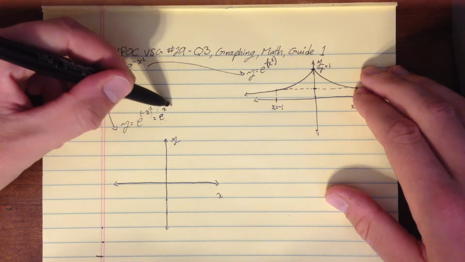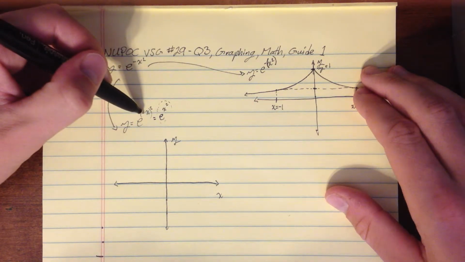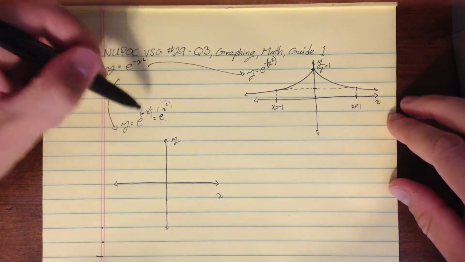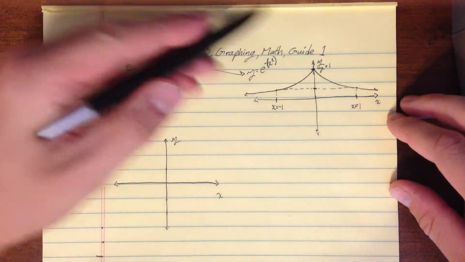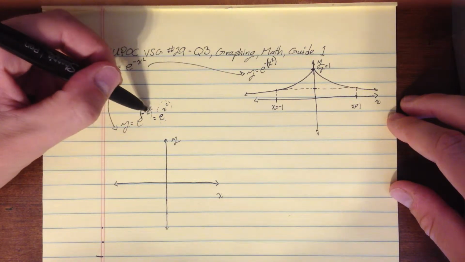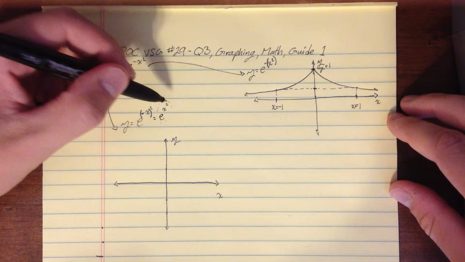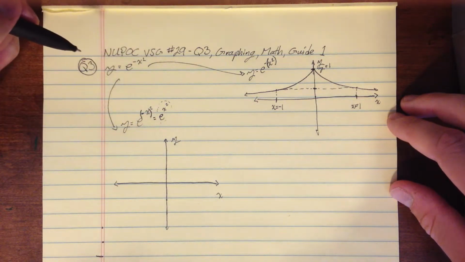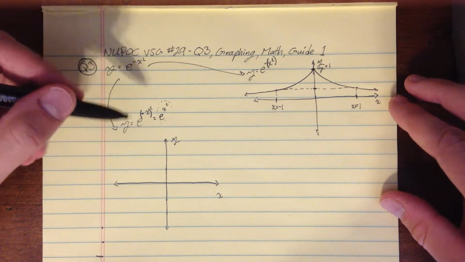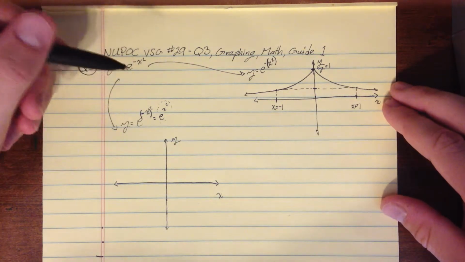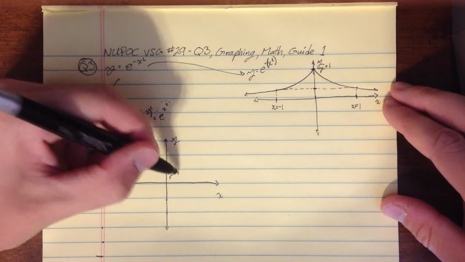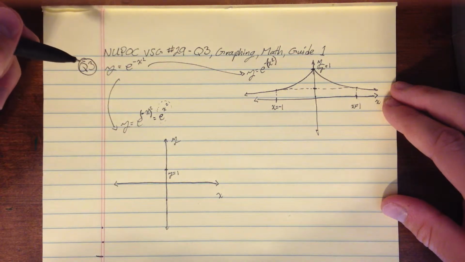So why would you say e to the minus x squared? Why would you put the minus there? See, the minus is there so we can get this curve. If we wanted it to be interpreted this way, we would just write e to the x squared. We wouldn't bother with the minus sign. See? But let's go ahead and draw what this would look like. So if it's just e to the x squared, again, it's going to start at y equals 1, okay?